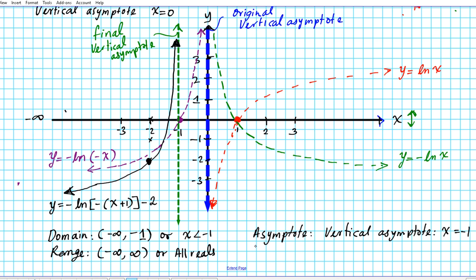We notice that it's decreasing to the left, so the left end behavior is described as the limit as x approaches negative infinity of the function. Since it decreases forever, your answer will be negative infinity. Okay? So that's how you graph transformed logarithmic functions.